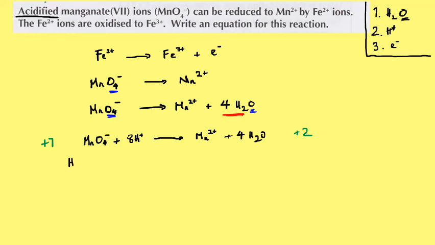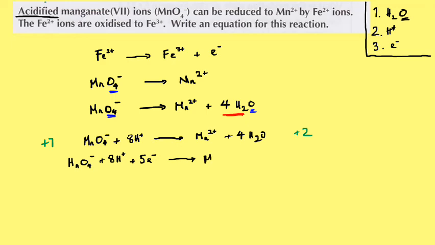Okay, so if we've got a manganate ion and we've got 8 hydrogen ions, and we want to balance the charges, and we can only balance the charges by adding electrons, so we have to add the electrons to this side of the equation that is most positive, so we can bring that plus 7 down. So if we add 5 electrons, that plus 7 comes to plus 2.